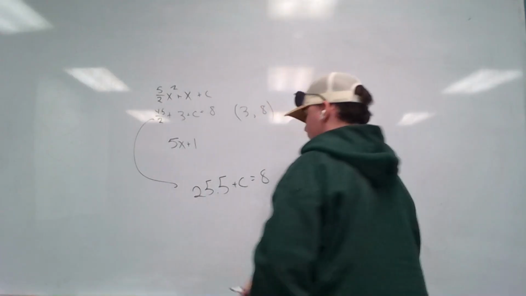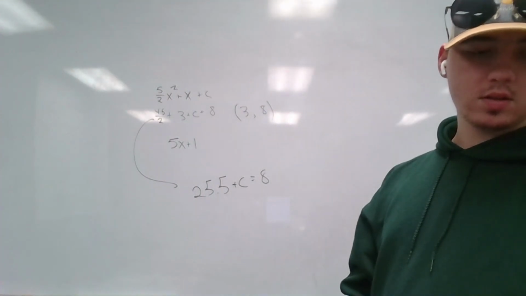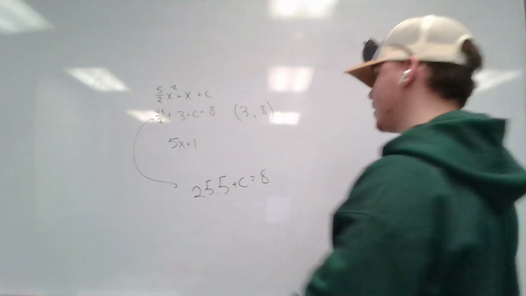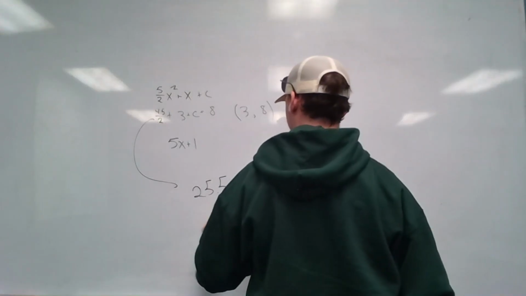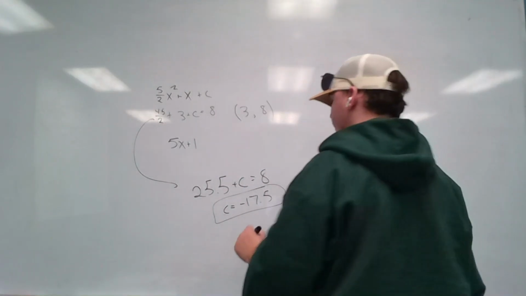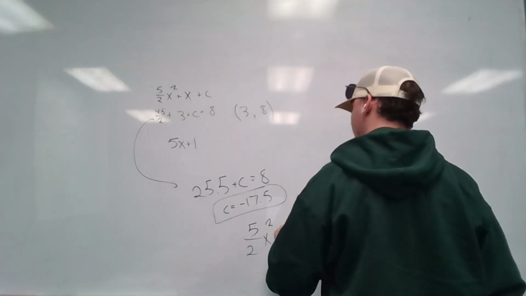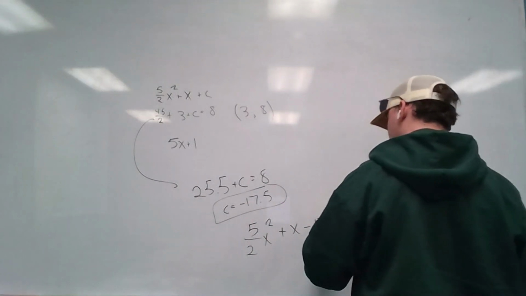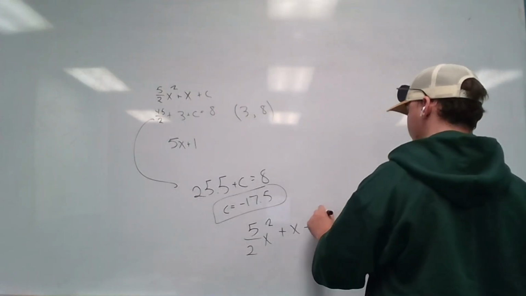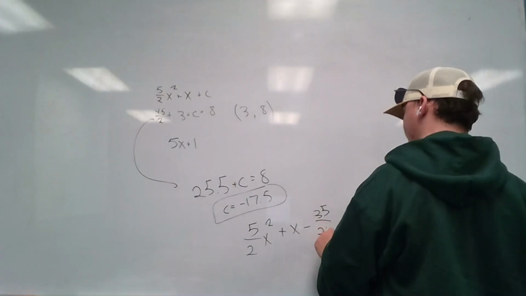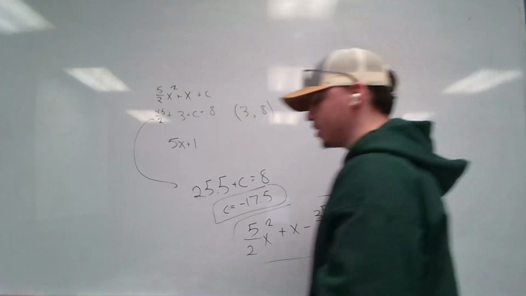So if I subtract 25.5 from 8, I get c is equal to negative 17.5. Boom. So now I know that my true antiderivative is this equation: 5 over 2 x squared plus x minus 17.5, or 35 over 2. We can just make it simple like that. Easy. And that is our true antiderivative because we have identified our constant of integration.